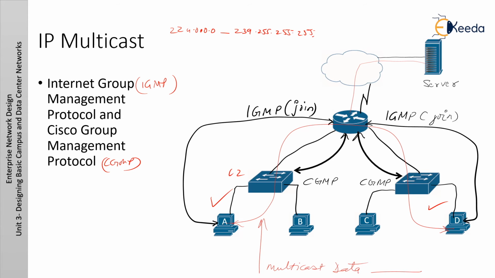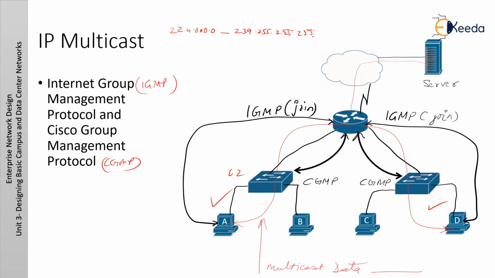The ports on which hosts B and C are connected do not receive the multicast data. So this is how we maintain the information. This red line shows the multicast data and its flow between A and D, not the others, because the router is responsible for multicasting the data, but CGMP is also able to ensure that it reaches the desired destination.